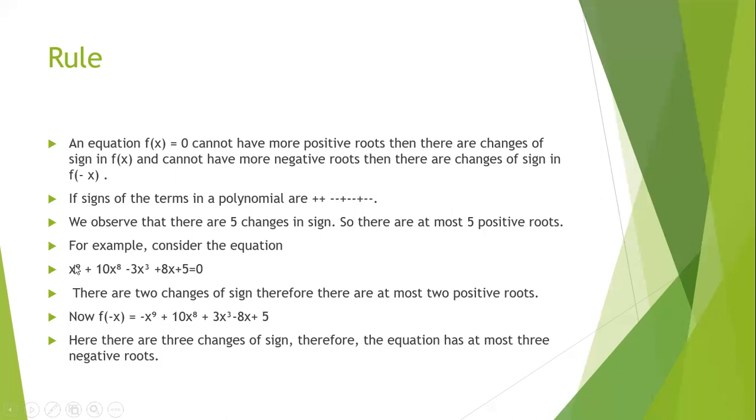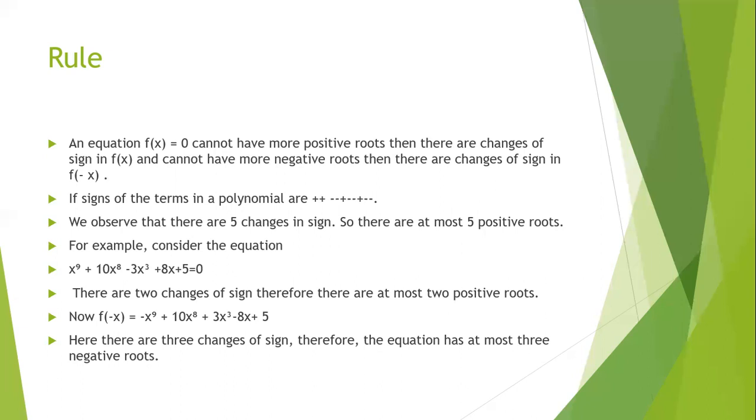Here, plus plus, then plus to minus is 1 and minus to plus is 2, so there are 2 sign changes in f of x. Therefore the maximum number of positive roots is 2.